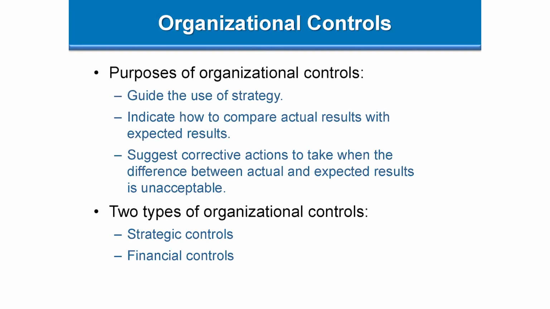Organizational controls include activities such as guiding the use of strategy, analyzing the difference or fit between actual and expected results, and suggesting corrective actions for unacceptable results. There are two types of controls: strategic controls and financial controls.